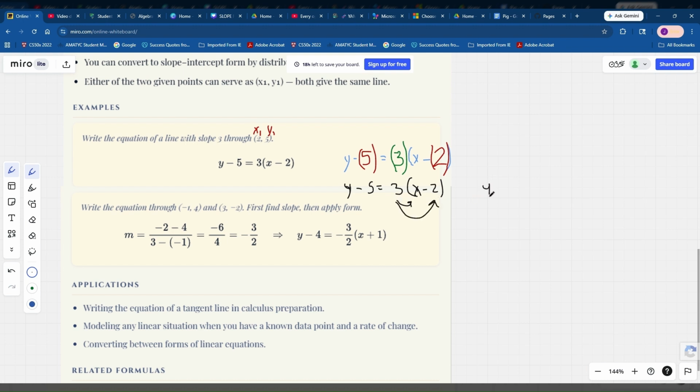So this is going to be y minus 5 equals 3x minus 6. And I can add 5 to both sides. And what this does is it gets y by itself, right? So now I have y equals 3x plus minus 1, because a negative 6 and a positive 5 combines to give us a minus 1.